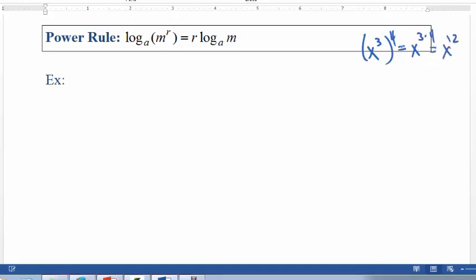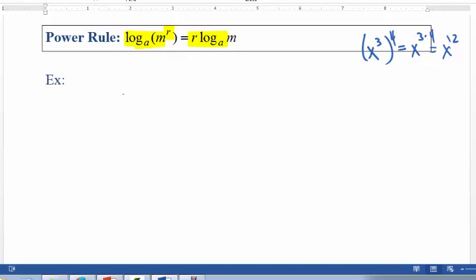So x to the third to the fourth would be x to the 12th, because it's 3 times 4. This is the same idea. You have the log base a of something, but it's raised to a power. Remember, log base a of m is like an exponent, so really what you have here is like an exponent to another exponent. What do you do when you have that scenario? You multiply the power times the log.